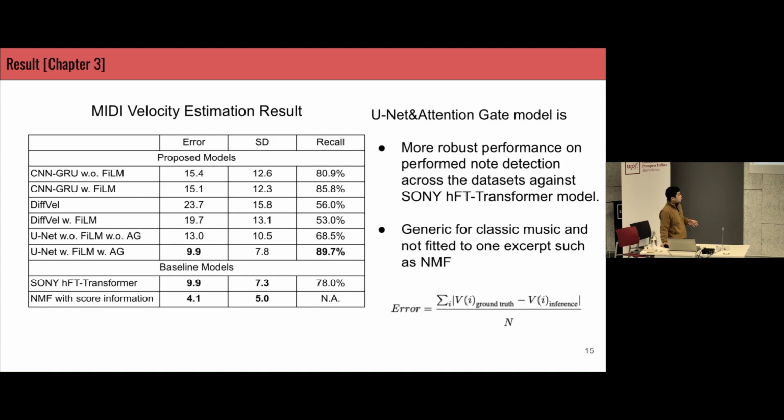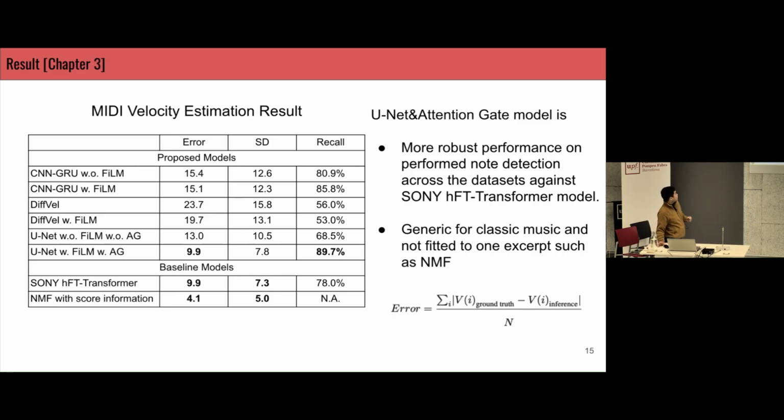But there are pros and cons between the DNN-based model and the non-negative matrix factorization-based model. That is, NMF optimizes model parameters for each excerpt. So we have to train the NMF model one by one on the test data.